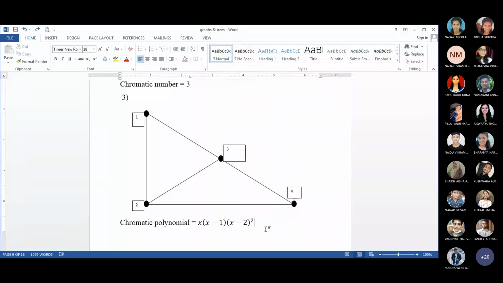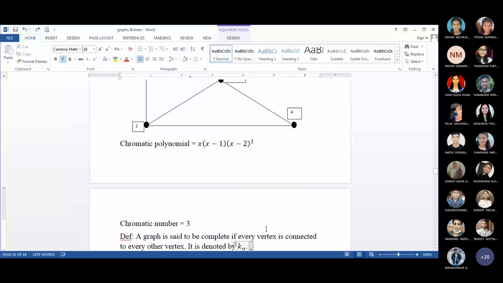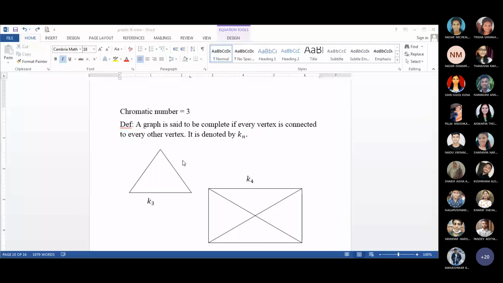So my chromatic number will remain the same, but the chromatic polynomial will change. That will be x minus 1 the whole square and x minus 2. So sometimes the chromatic polynomial will change depending on the order of the vertex which you are taking.